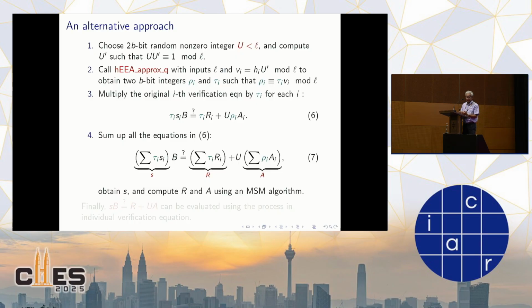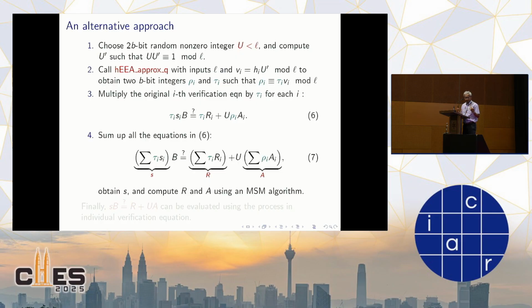That's really a case of multiscalar multiplication. And the result is denoted by A. But here, the scalars, rho I, are half-size scalars. Similarly, we have another instance of multiscalar multiplication, and that is indicated with capital R in red after this curly bracket. And again, there we have half-size scalars.